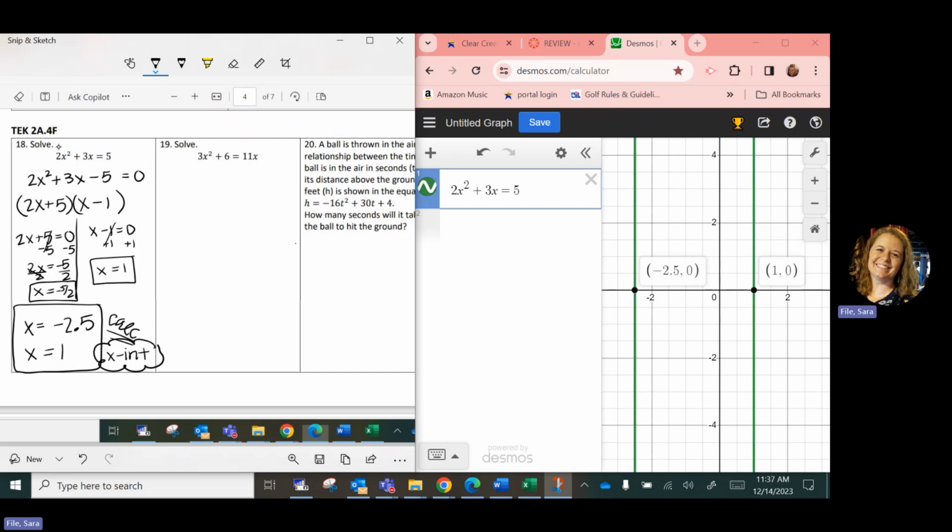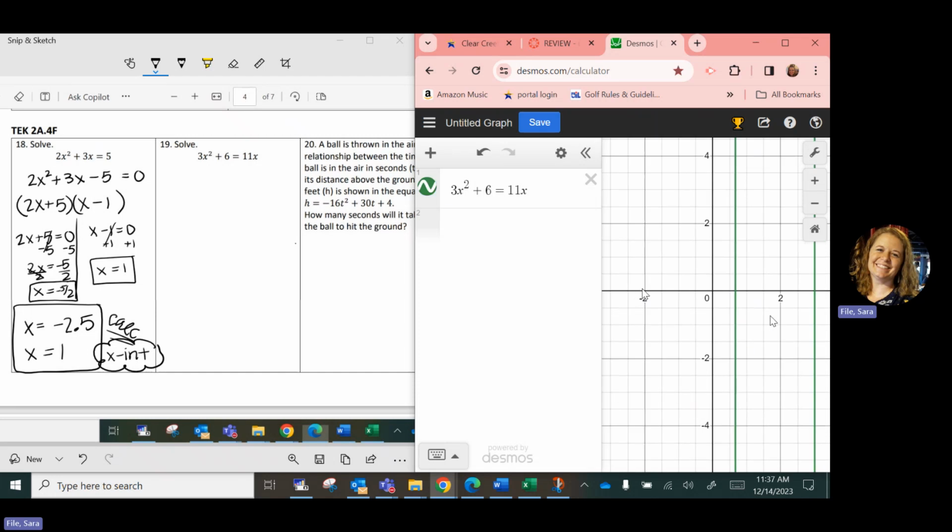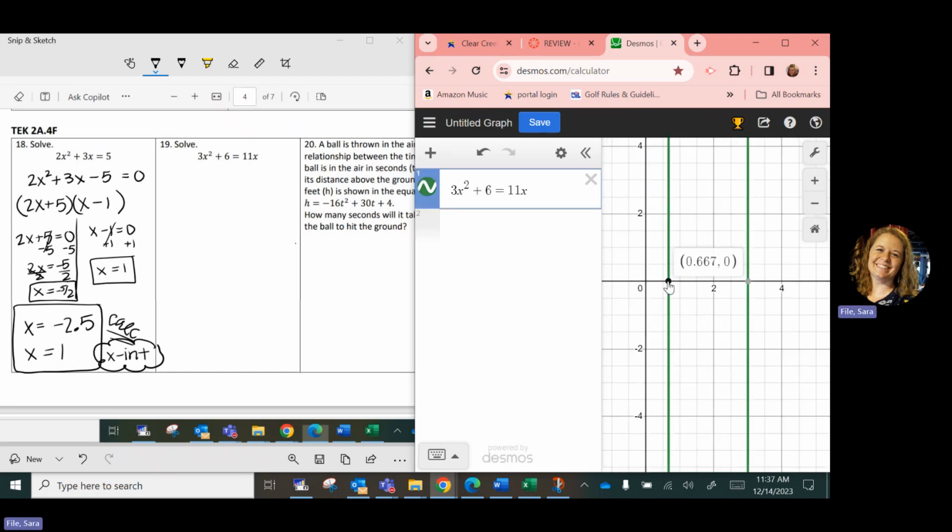Okay, so for number 19, turn that one out, or here, I'll just edit it. That is 3x squared plus 6 equals 11x. So here's that parabola. Look where it crosses. Those are my solutions. Now, I would venture to guess that if this is a multiple choice question on the exam, that it's not going to have the decimal answer choice.